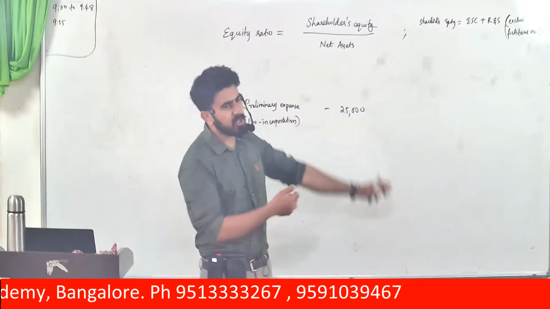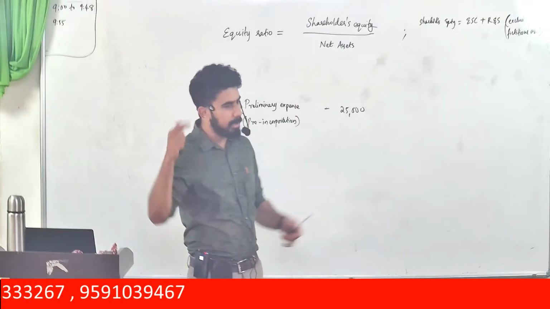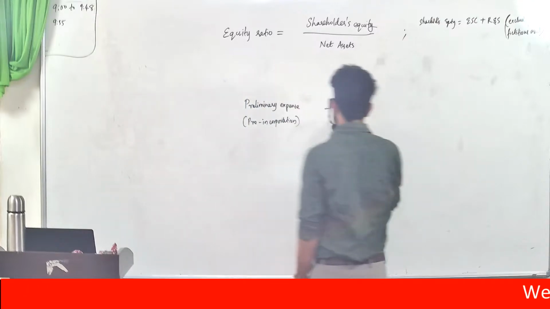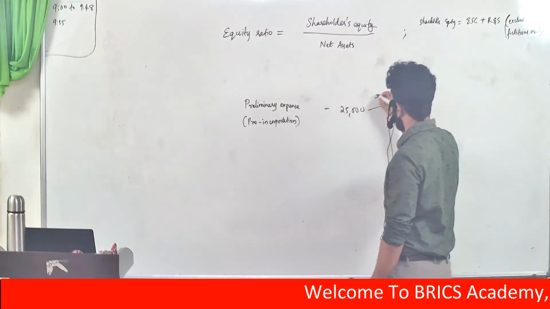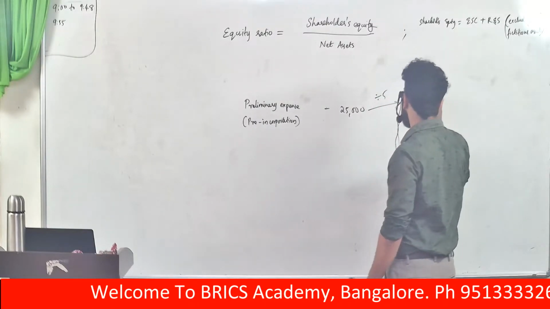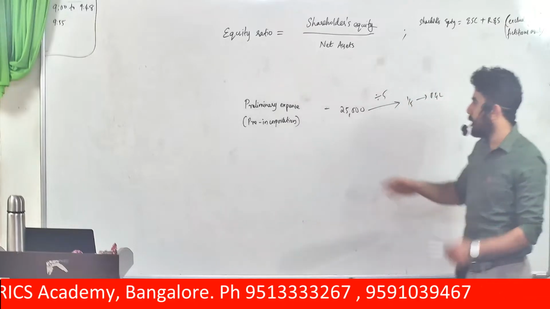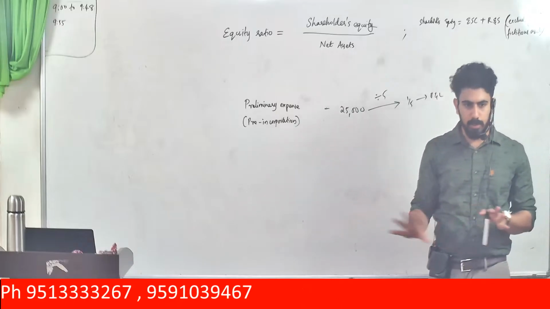Now what happens is, ideally this should have been put in profit and loss. But the Companies Act says you can't directly put the whole preliminary expense in P&L and close it.